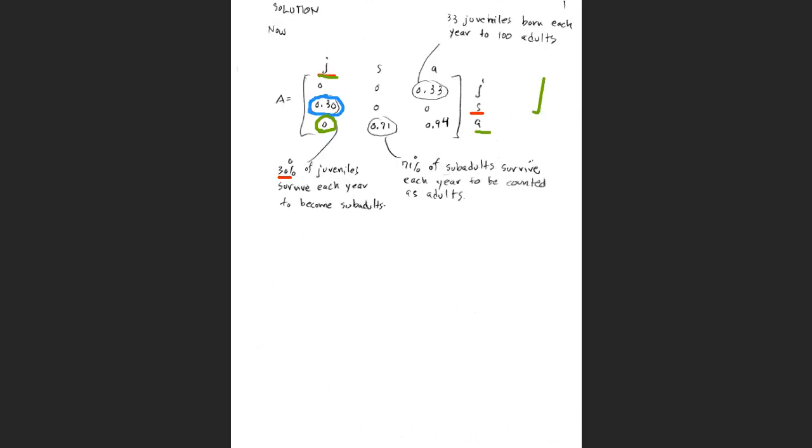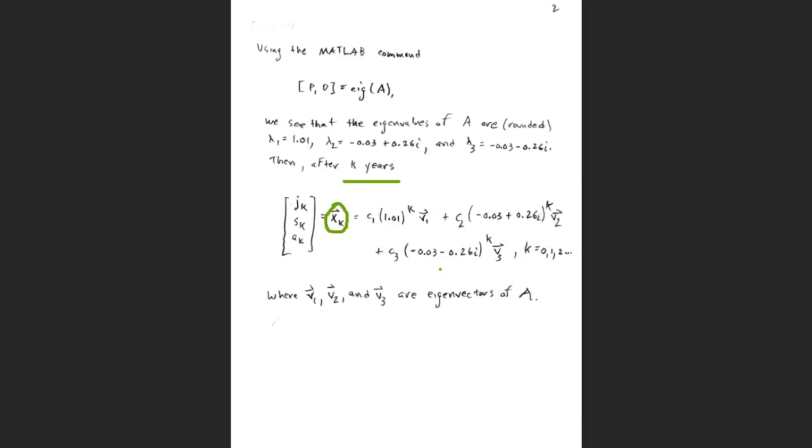Now, we found the eigenvalues and eigenvectors, and we determined that two terms can be ignored. The second term could be ignored because negative 0.03 plus 0.26i to the kth power, as k gets large, goes to zero. And then the other term also could be ignored.